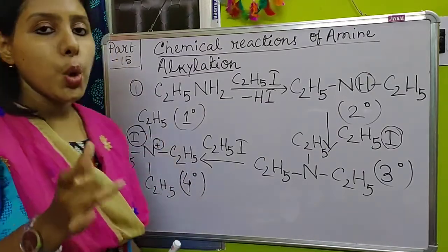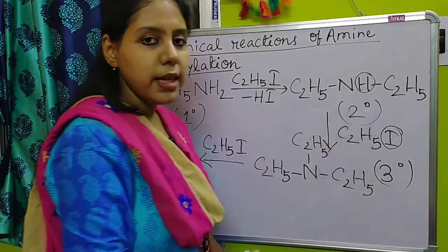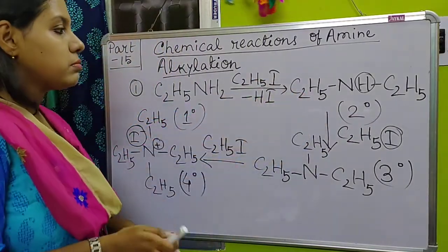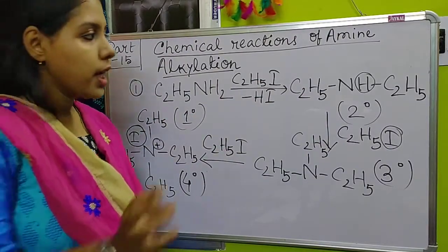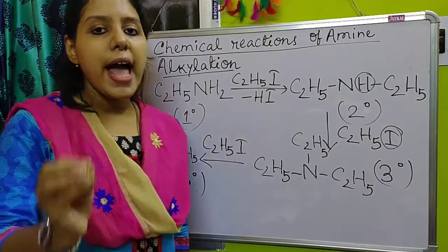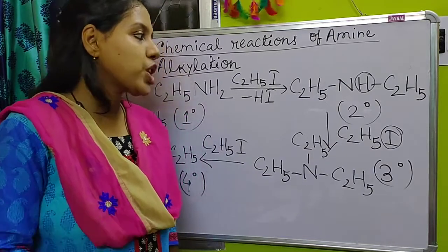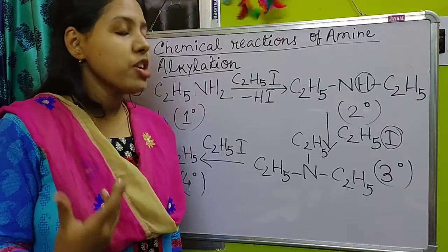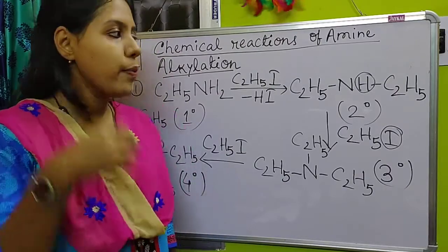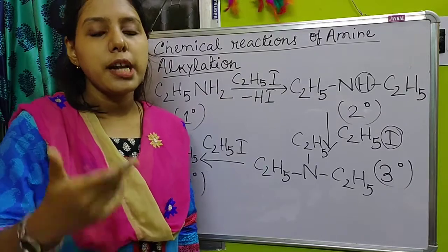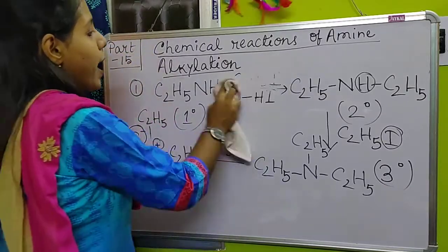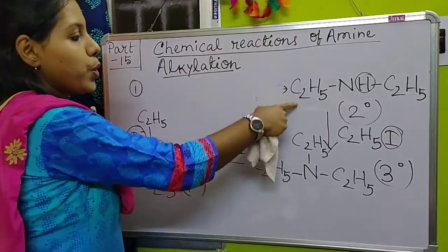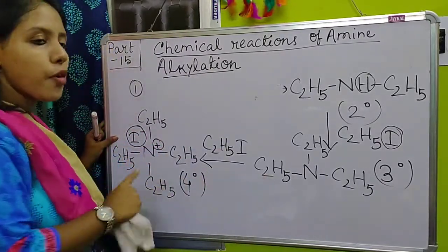For a 2 degree amine you have to start from here. That means the same type of reaction. This addition of alkyl iodide is generally performed whenever we want to increase the number of carbon atoms. If you want to start from 2 degree, you go from 2 degree to 3 degree, and from 3 degree to 4 degree.